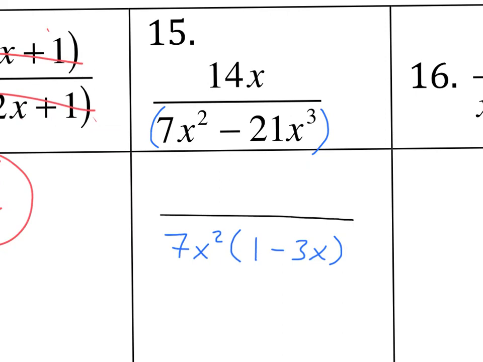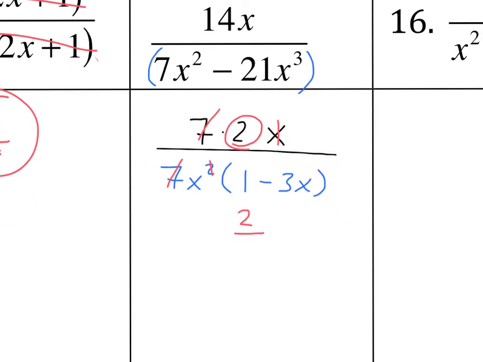The numerator here, I can factor out a 7 times 2 times x. Now notice what reduces. A pair of 7s drop out. 7 divided by 7 is 1. A pair of x's drop out. And I'm left with a 2 in the numerator, and the x times 1 minus 3x in the denominator.